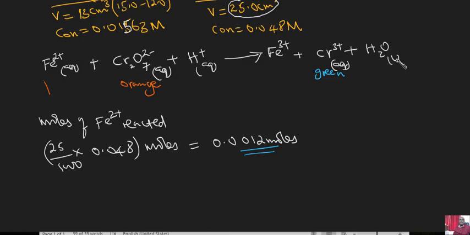Let us now calculate the number of moles of dichromate 6 which have reacted. Moles of dichromate 6 which have reacted, they are the volume which reacted.